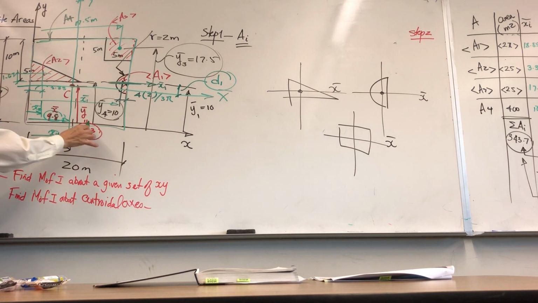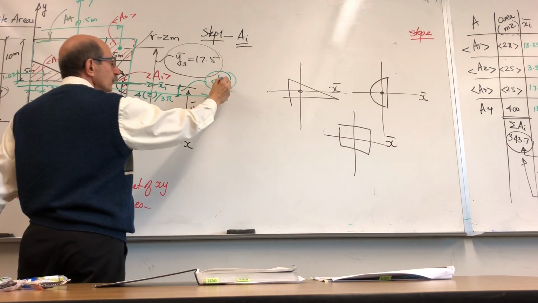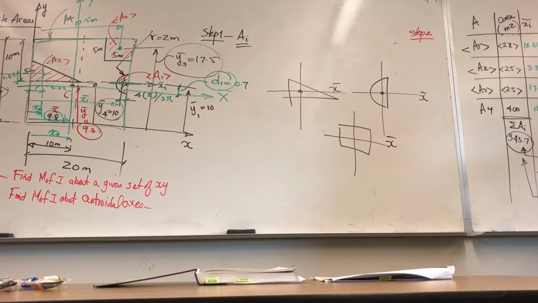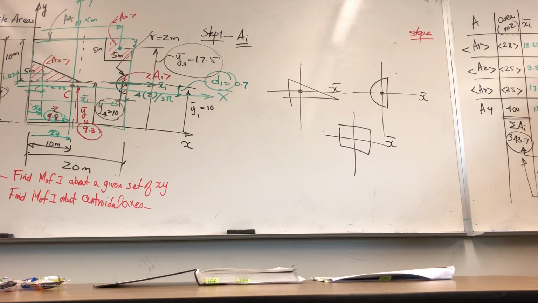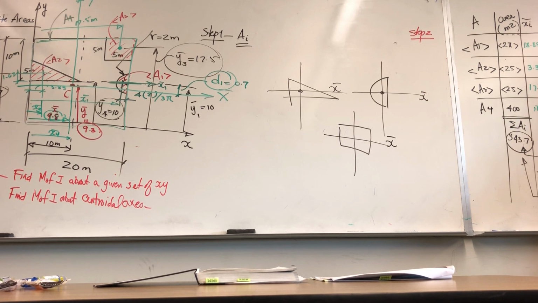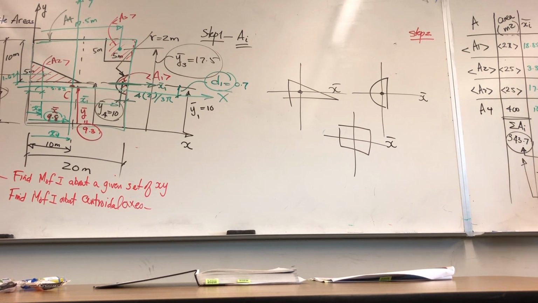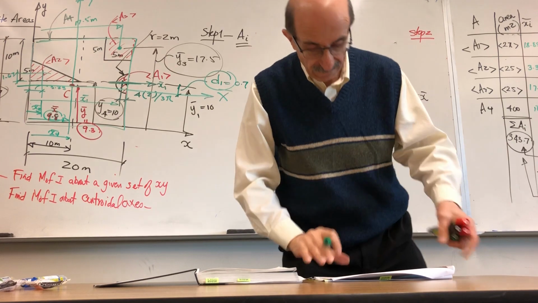This is 10, this is 9.3, so this is 0.7. So what I would do here, I write 6.3 plus the area, which is pi r squared over 2, times 0.7 squared. And that's the moment of inertia of that shape about that axis.